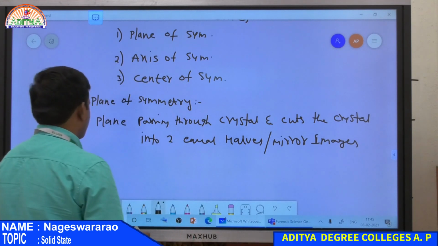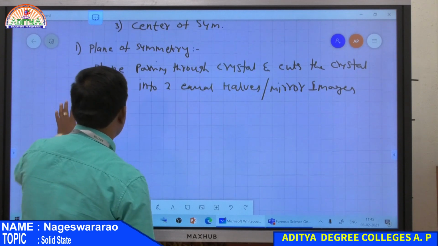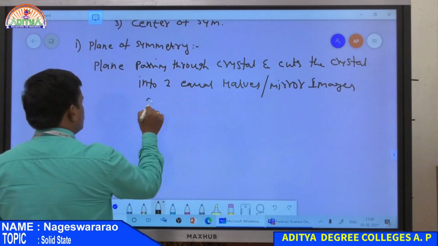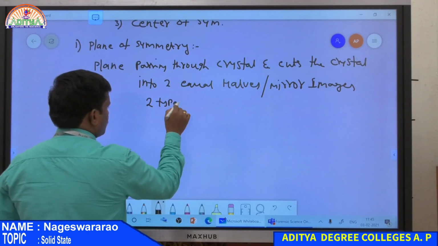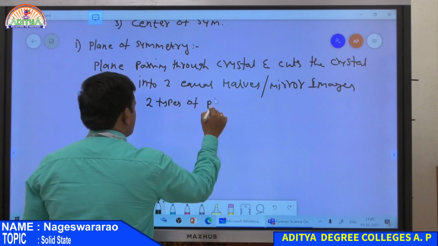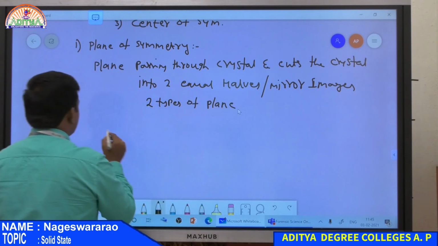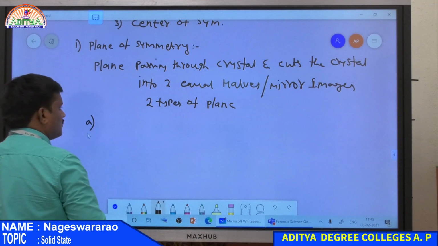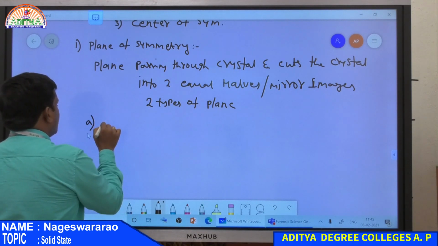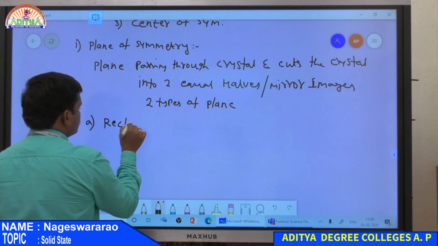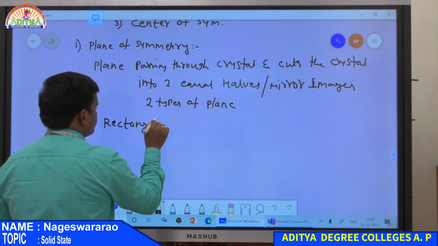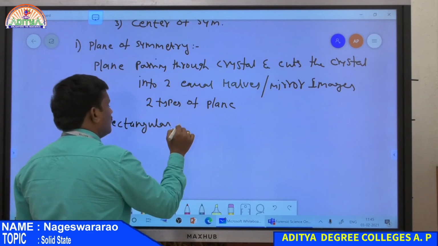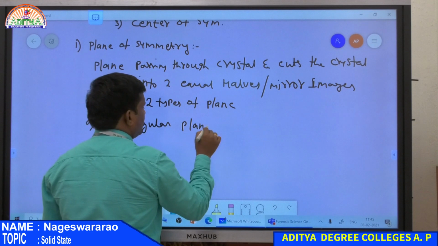Here there are two types of planes. The first one is the rectangular plane of symmetry.